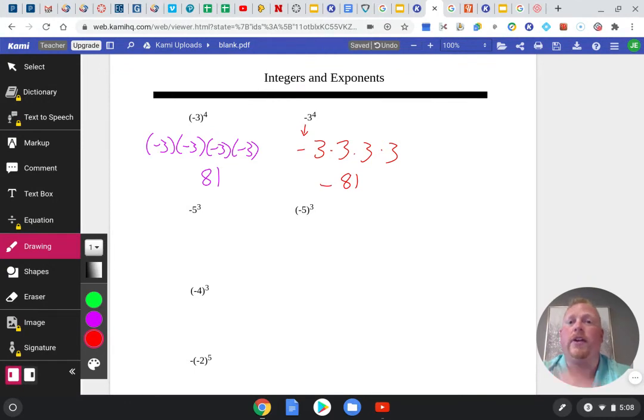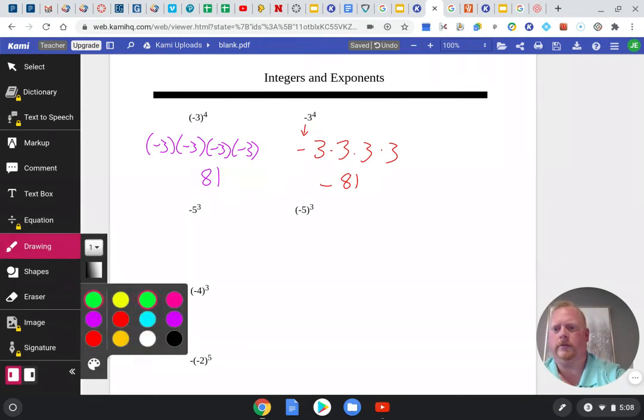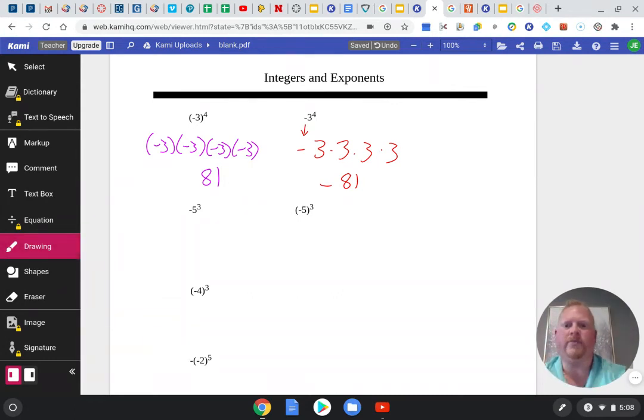So in this case, whether it has parentheses or doesn't have parentheses makes a big difference in the answer. Let's take a look at another example and see how that holds true as well. So negative 5 to the third power without parentheses. So that negative just happens once, but the 5 happens 3 times. So 5 times 5 times 5 is 125.